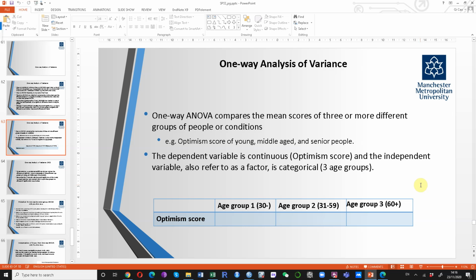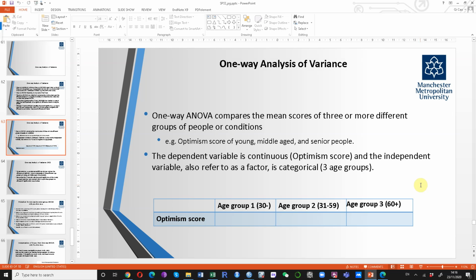A post hoc test is a way of looking at pairwise comparison among each of these categories and figuring out between which and which categories there's a difference. But bear in mind that a one-way ANOVA test is an inferential statistic that could be parametric or non-parametric.